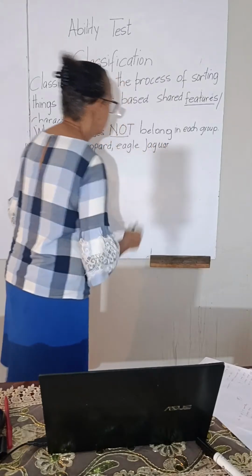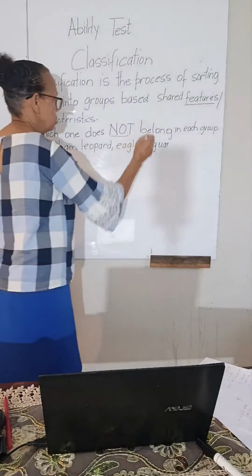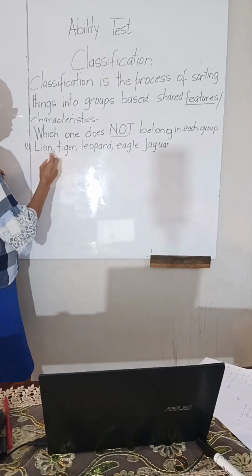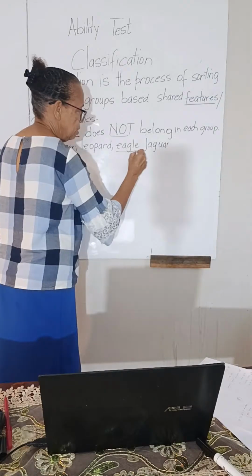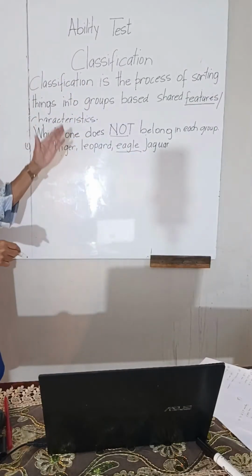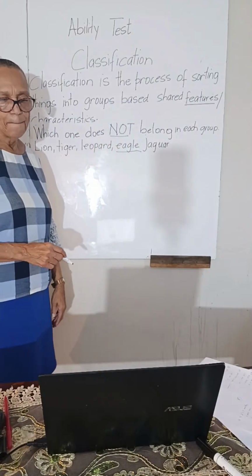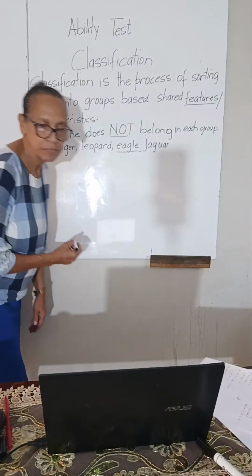All right? Which one does not belong? You have lion, tiger, leopard, eagle. This one, eagle, does not belong. All the rest are wild animals. Eagle is a bird. All right. Next one.